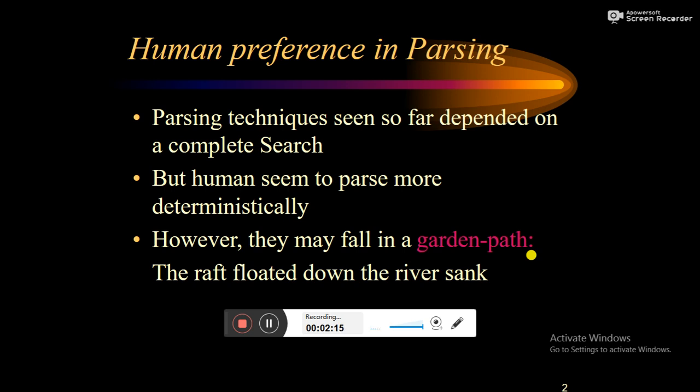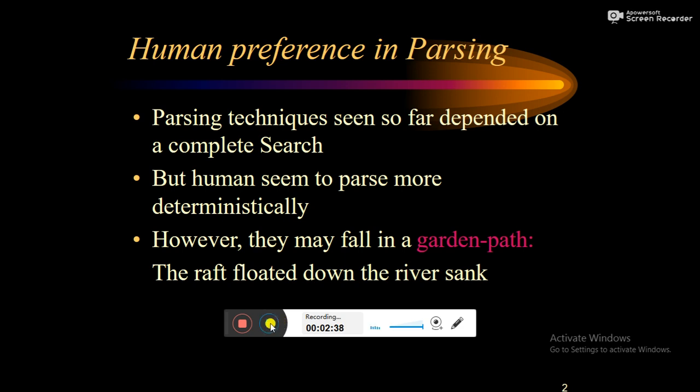So to resolve ambiguity related to the garden path sentences, like 'the raft floated down the river sank', to deal with these kinds of sentences, there should be some strategy. What exactly is that strategy, or how these kinds of sentences are dealt with, that we will be discussing.